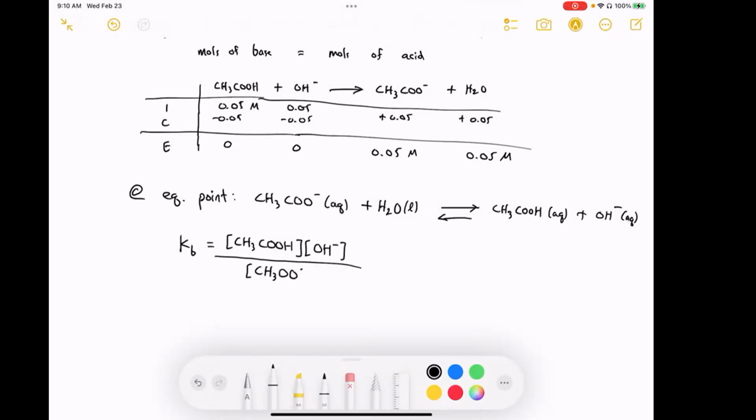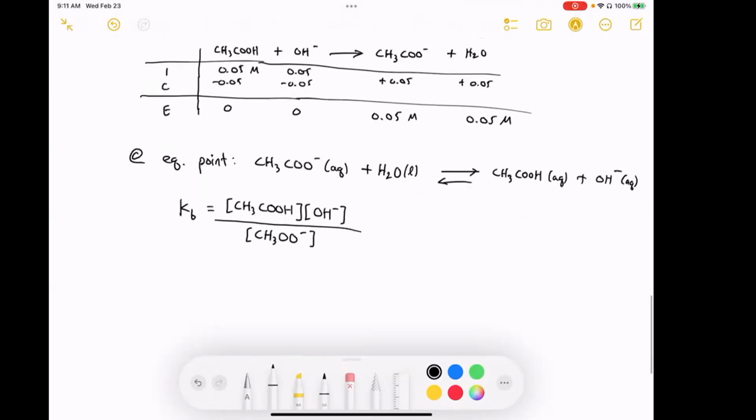Okay, so at the equivalence point, we know that the concentration of acetic acid should now be roughly equivalent to my acetate because all they got reacted in solution.